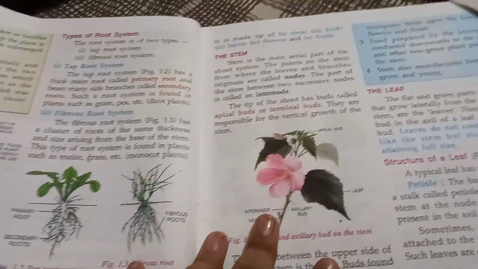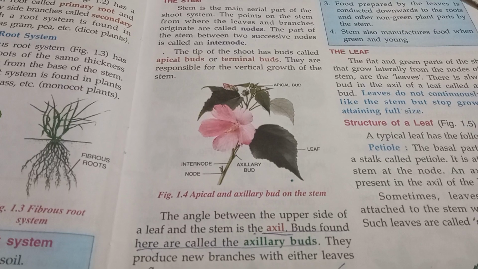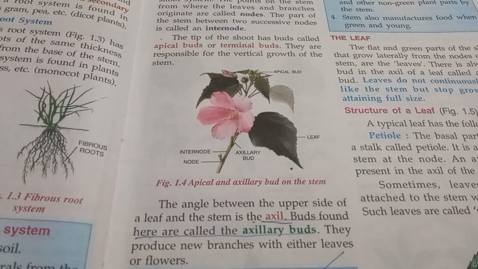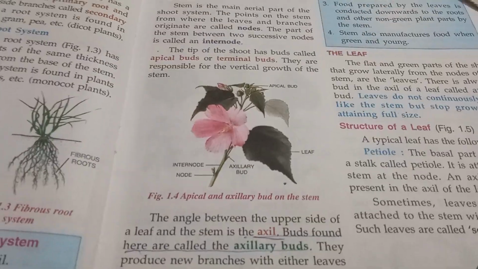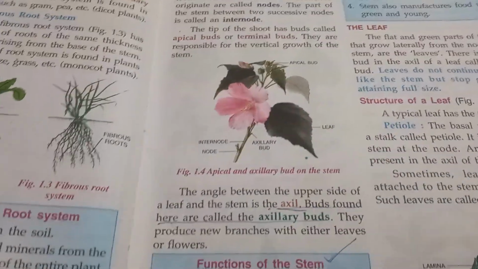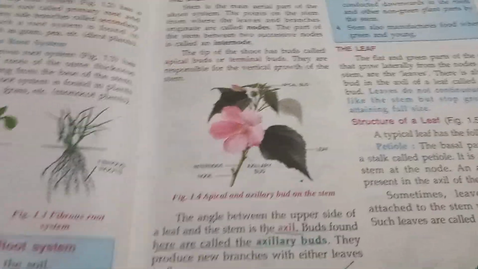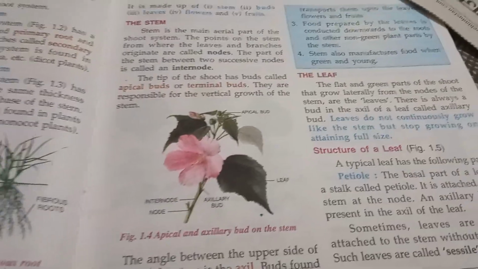Now here it tells about the stem. The tip of the shoot has buds, which are apical buds and terminal buds. Both of them are names; in some books they tell apical buds, in some books terminal buds.